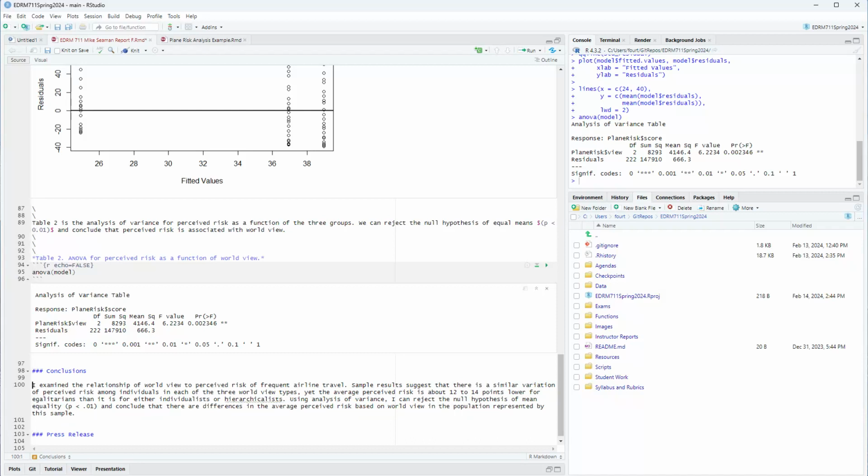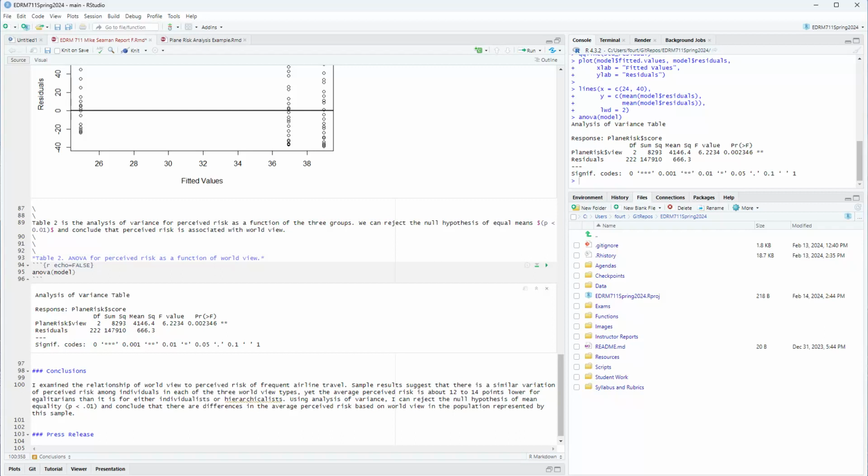All right, I examined the relationship of worldview to perceived risk of frequent airline travel. Sample results suggest that there is similar variation of perceived risk among individuals in each of the three worldview types, yet the average perceived risk is about 12 to 14 points lower for egalitarians than it is for either individualist or hierarchicalist.